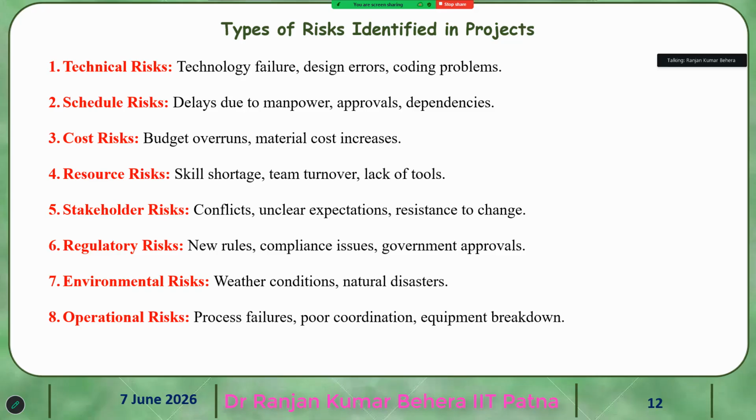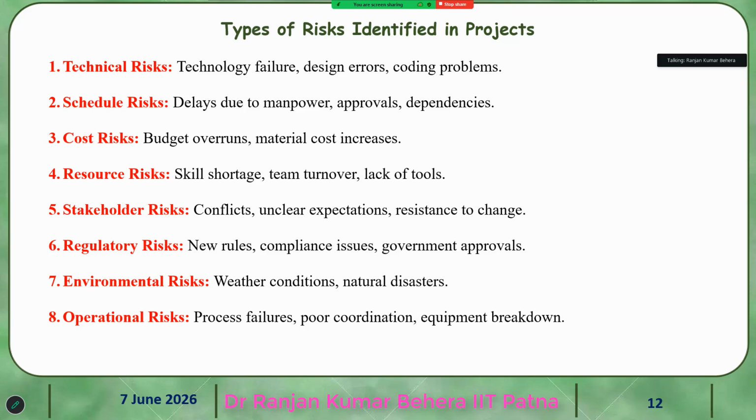Then schedule risk due to manpower. For example, in our IIT, when you want to develop any project, you have to wait for 6 months to get a JRF. But you will get a JRF by advertising. But actually, if you want to get a good JRF, you have to go for the selection, so that is why there is delay due to manpower, and then approvals. It takes a long time. These approvals take a long time.